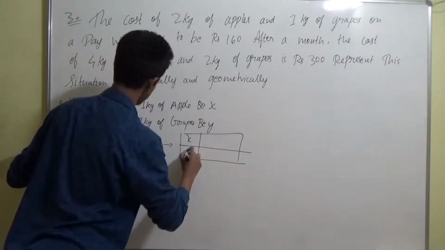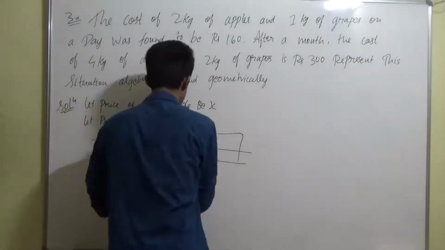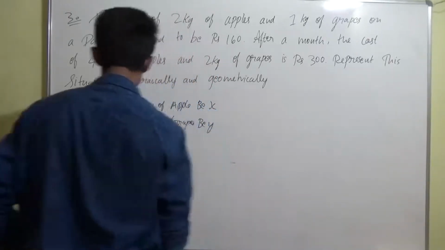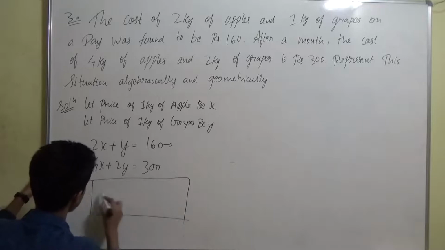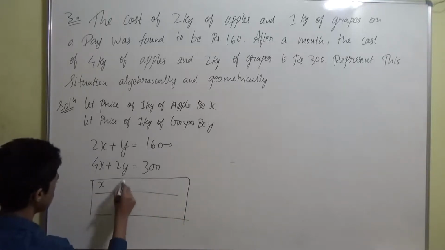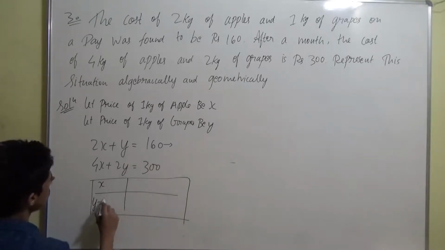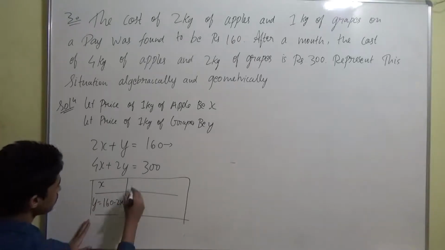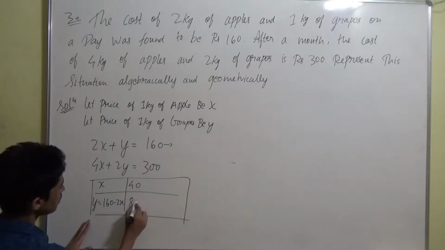Let's take X and Y, right? Let this column be for X and let this be for Y. Y will be equal to 160 minus 2X. If you take the value of X as 40, Y will be 160 minus 2 into 40, which is 160 minus 80, that is 80.